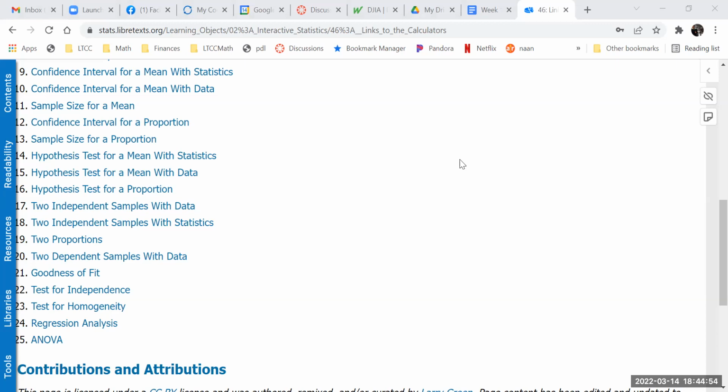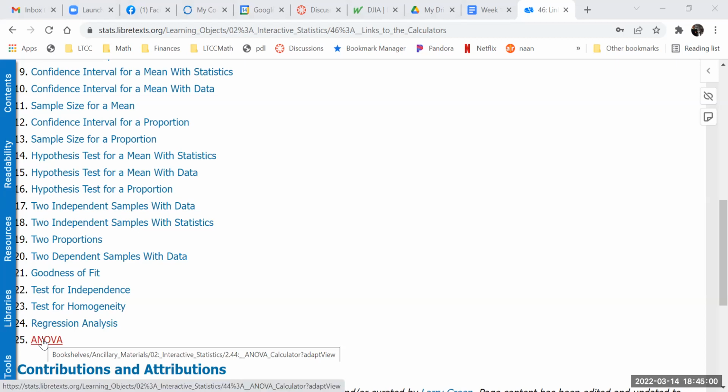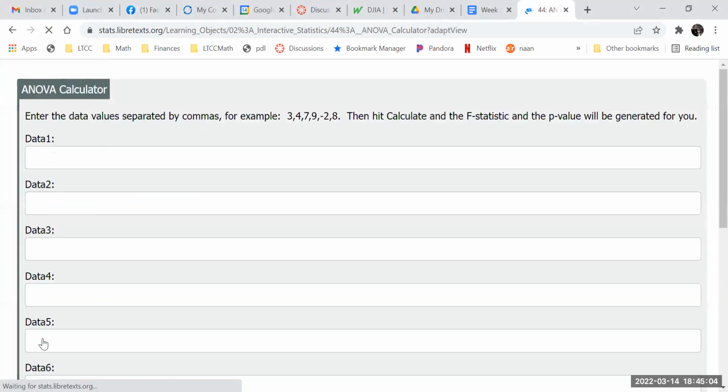Yeah, the last one. This is the last statistic we're doing in the class. We're done after today with the new stuff. So I'm going to click ANOVA. And what it says, we coded it this way, is enter the data values separated by commas. Okay. Then we're going to hit calculate and we'll get the statistic.